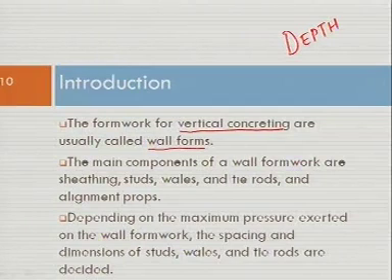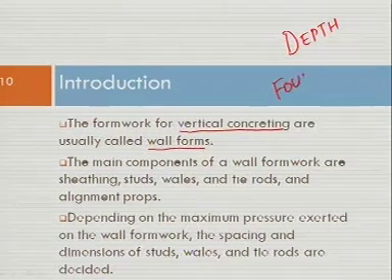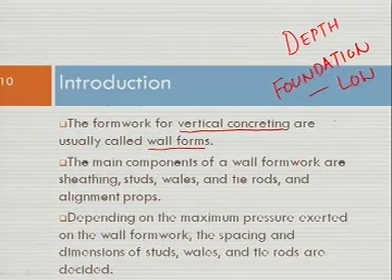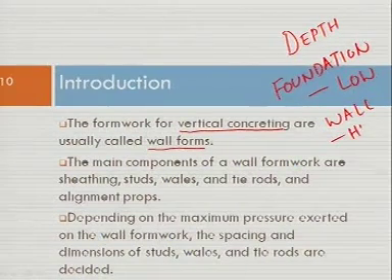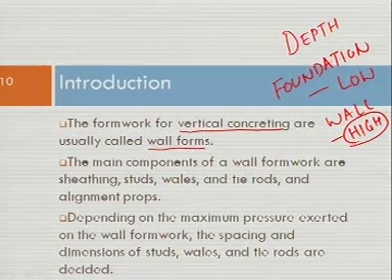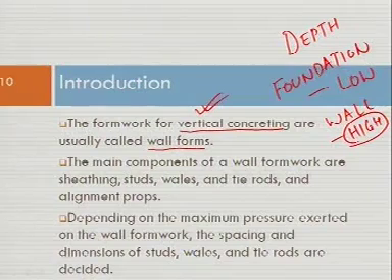In case of foundation, the depth is low, whereas in case of wall formwork, the depth is high. But when you talk of the type of concreting, they are essentially the same. You have to perform vertical concreting. Some of these things we have already discussed, that is why I will go a little faster.